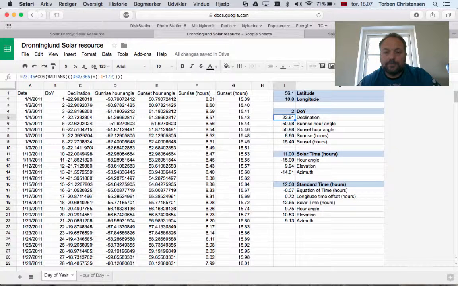So basically it's mostly these angles that we need at first. Then we need a little extra calculations to find out what is then the solar radiation given these angles.